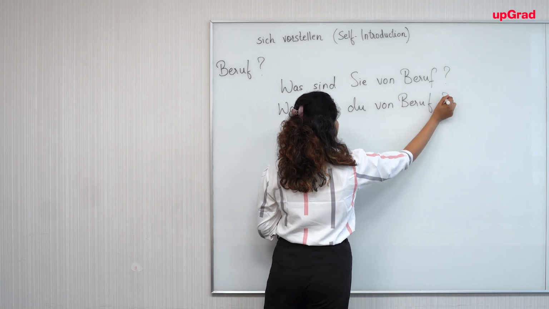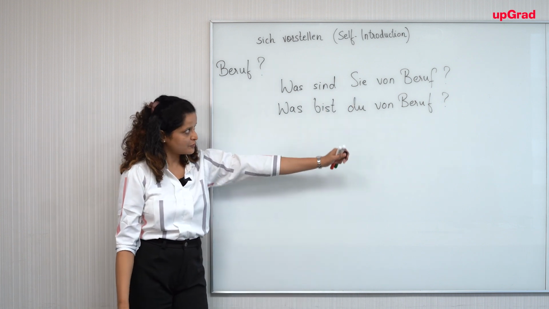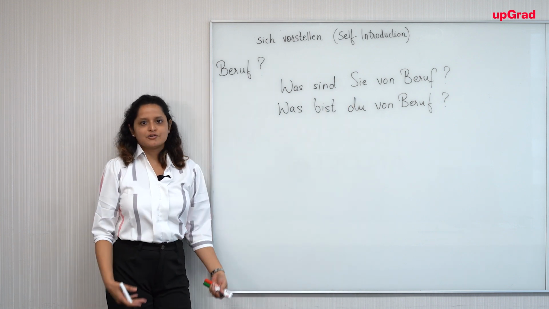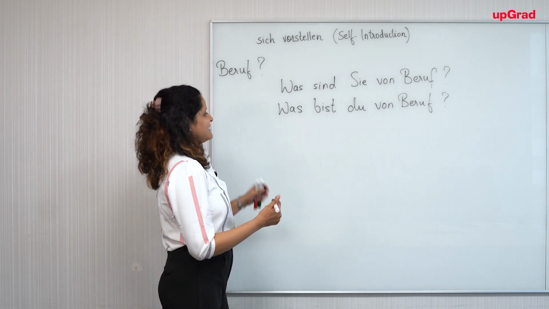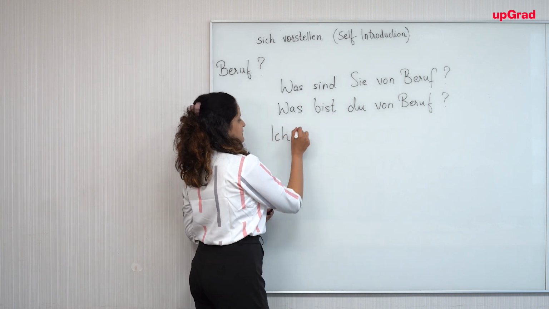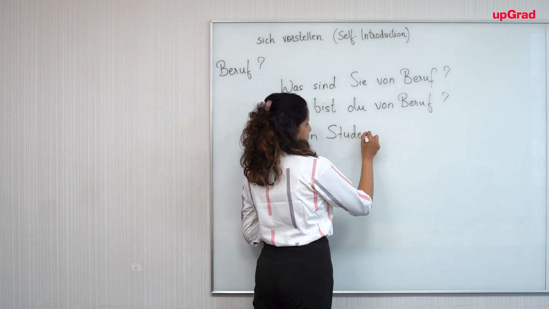So you are asking this question formally with Sie, informally with du. So here you can state your profession if you are a student. So you can answer this by saying, ich bin Student.